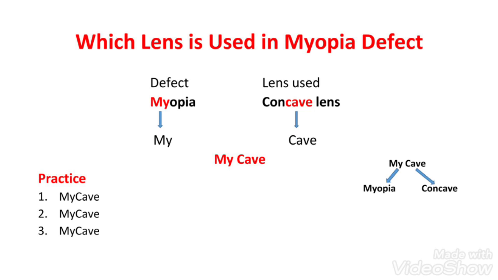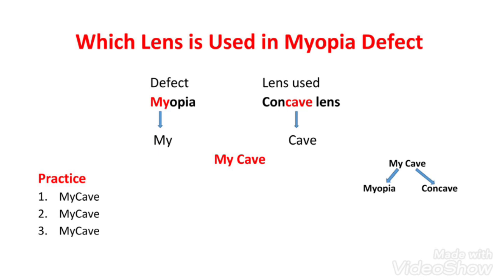First defect, myopia. To correct myopia defect, the lens used is concave lens. So I am taking the word my from myopia and the lens concave. In that I took the word cave.